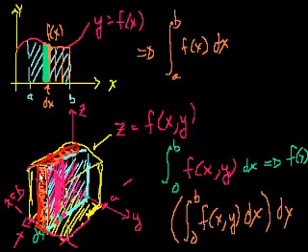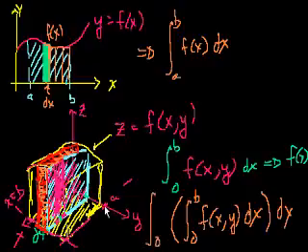Now, if I added all of those sheets that now have depth, if I took the infinite sum, so if I took the integral of this from my lower y bound, 0, to my upper y bound, a, then, at least based on our intuition here, maybe I will have figured out the volume under this surface.